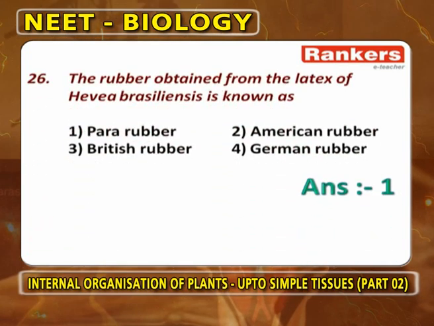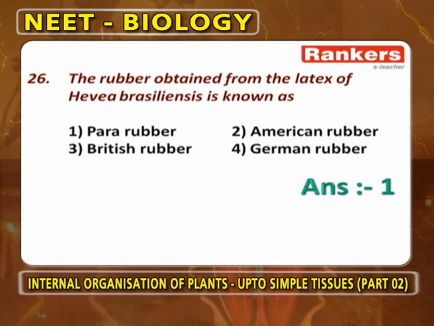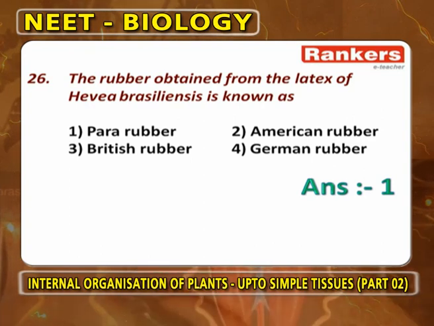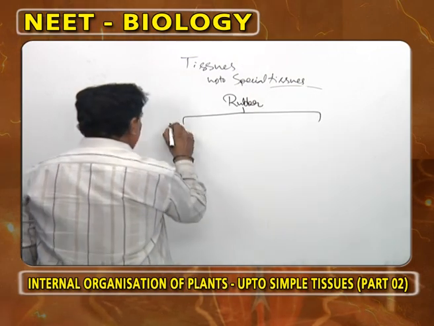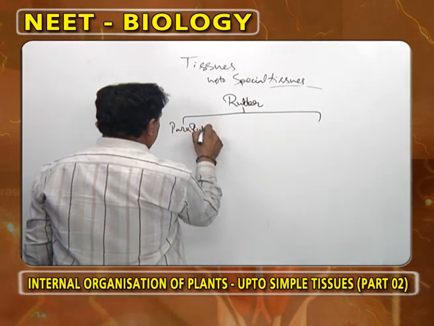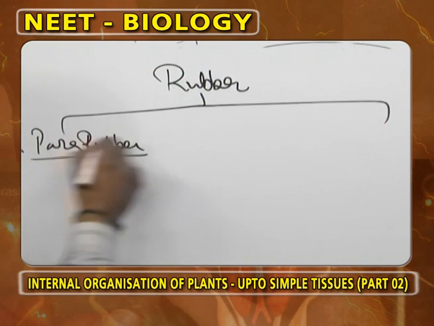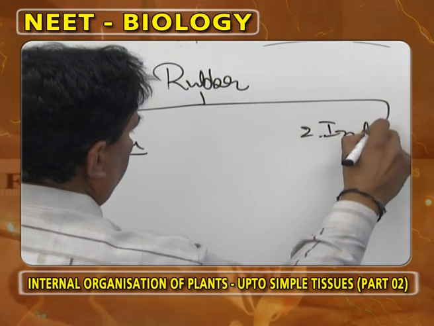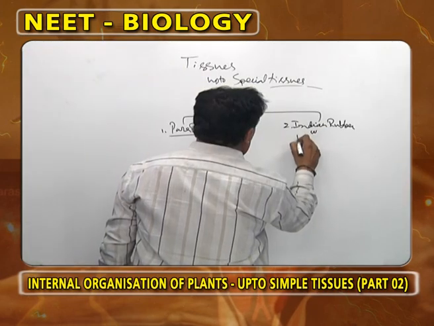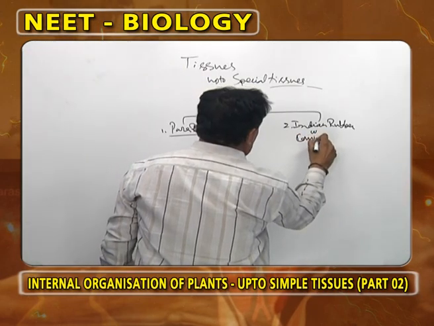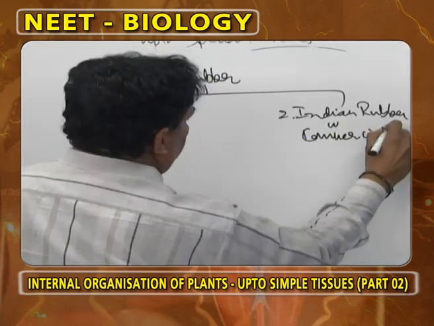The rubber obtained from the latex of Hevea brasiliensis is a product obtained from latex, and this rubber is of two types: para rubber and Indian rubber or commercial rubber. Para rubber is used to make small components and commercial rubber is used to make large components.